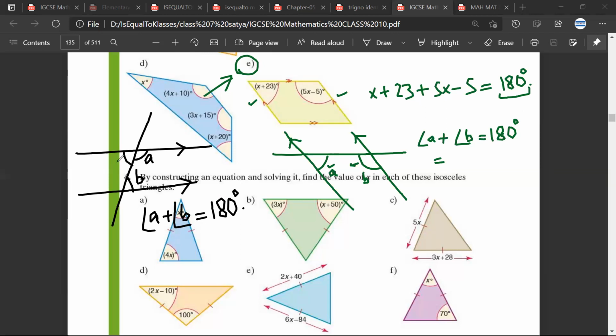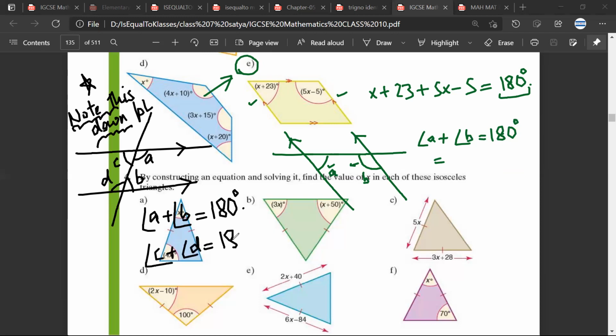Similarly, if this is C and this is D, can you please note this down? Yes, sir. In the next class, we'll do some parallel line questions also. Please note this down. So angle C plus angle D would be equal to 180 degree. Satya, any doubt?